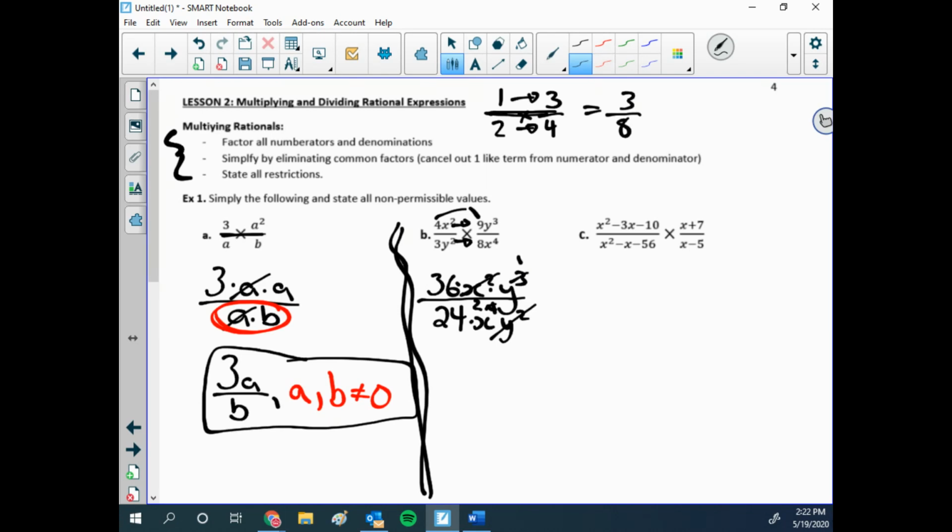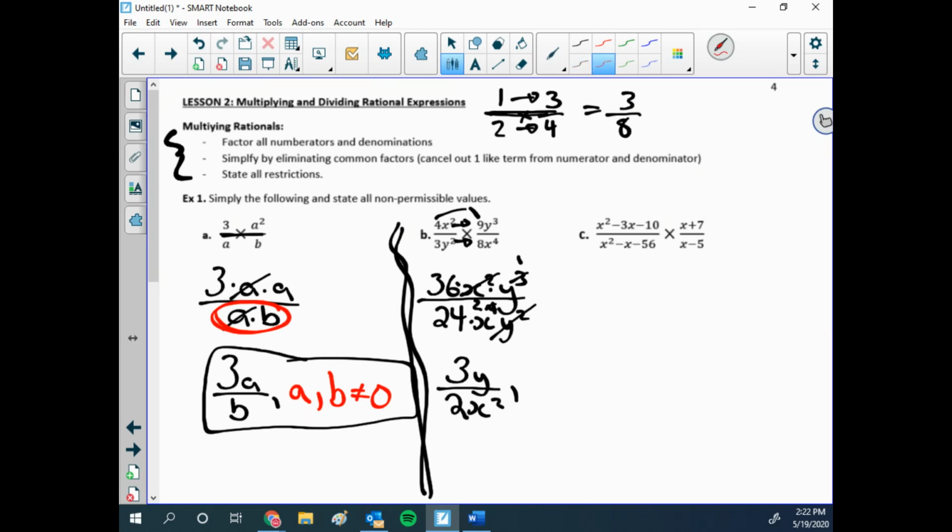And also 36 and 24 could be simplified because they can both be divided by 12. So 36 divided by 12 is 3, and 24 divided by 12 is 2, giving 3y over 2x squared. And so that's my rational expression after it's been simplified after multiplication.